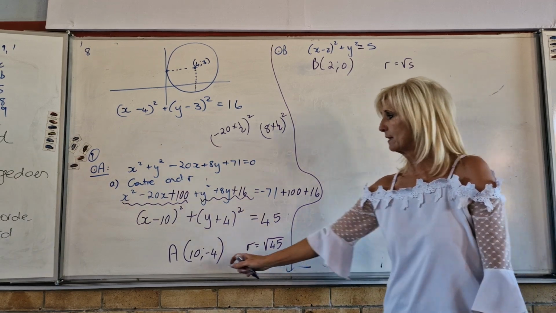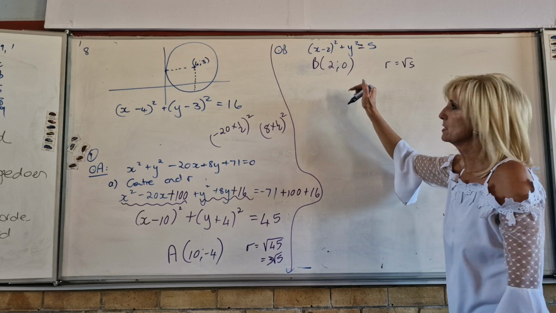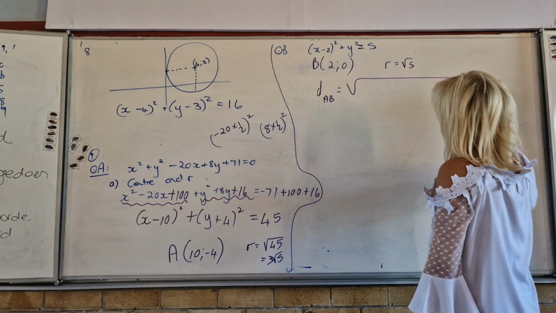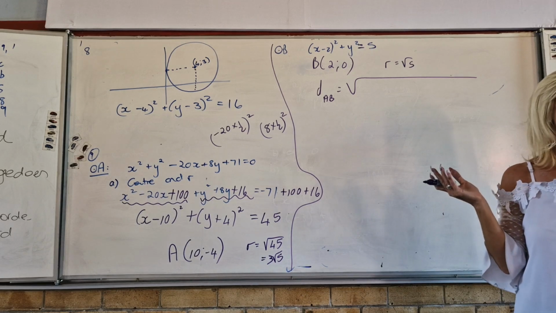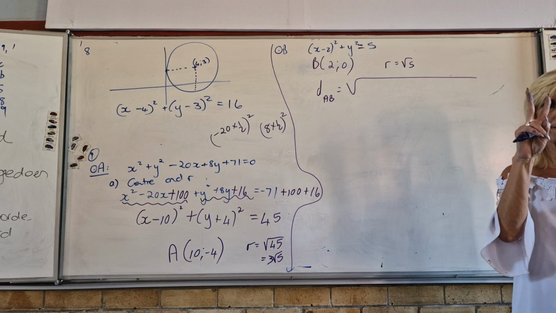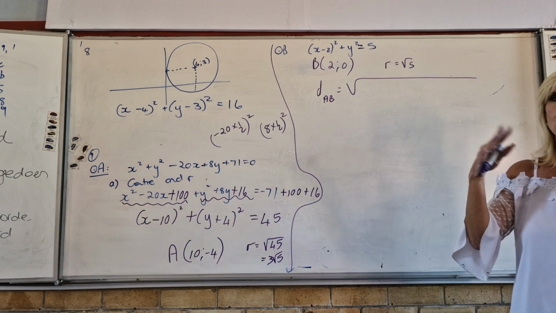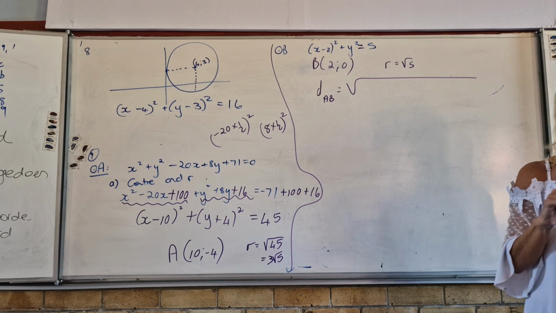So first of all, I had to get the A, which I got in the previous question. I had to now get the B so that the distance between A and B will be. Grade 10 work? Can it still be asked? Yes. How many marks? 3. Correct formula and substitution? Answer. Not those long ones where you substitute, show all your calculations, get to the answer.